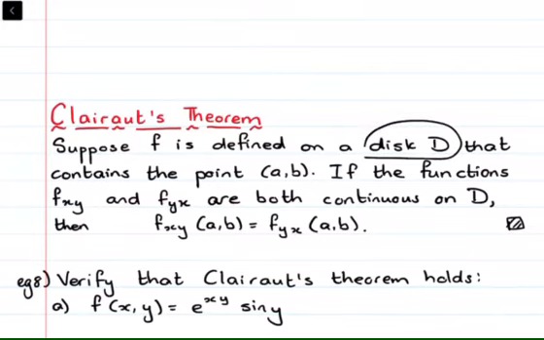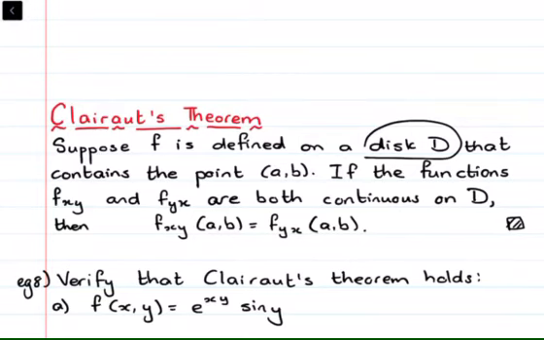Okay, so this is just talking about the domain of the function. We're just calling it a disk at the point AB. Here you are not really to worry too much about the disk and so forth. And then you also just need to remember what a continuous function looks like, okay? You do not need to worry about the definition of continuity, but I've already stated it here.